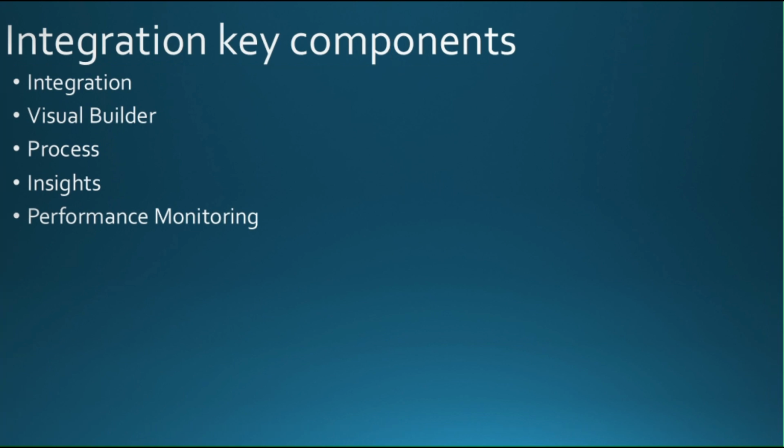Coming to Visual Builder, this is the tool where we build web and mobile applications. We can build custom UI interfaces. Next is Process Cloud Service, which we can use to model, automate and manage business processes.